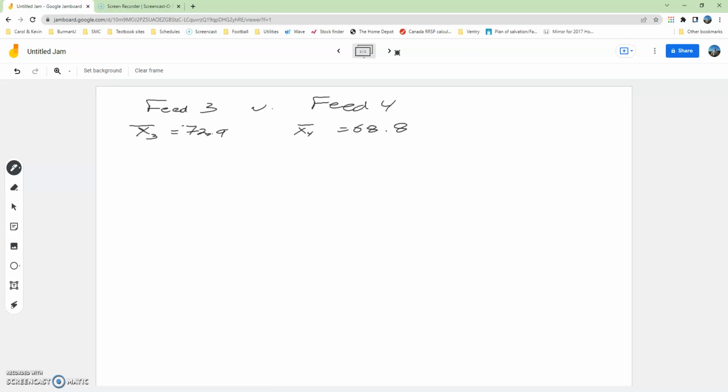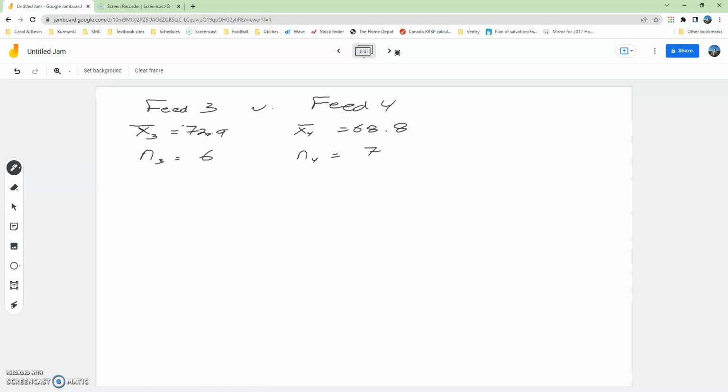So mathematically, the calves in feed 3 did gain more weight than the calves in feed 4, but is that difference significant? Or is it just due to sampling error? So we know that our sample size for 3 was 6 calves. Sample size for 4 was 7 calves.